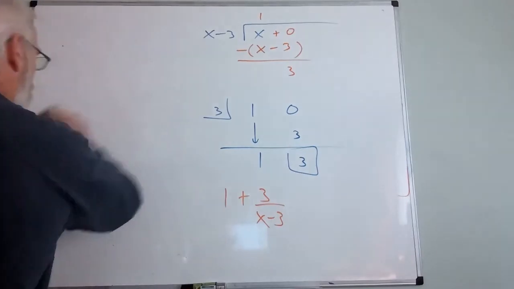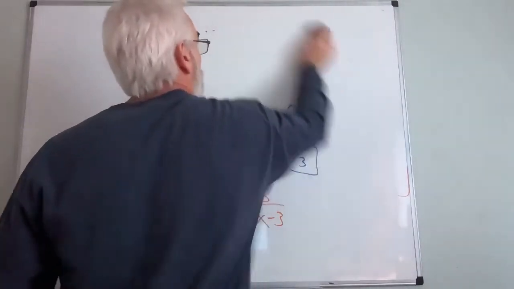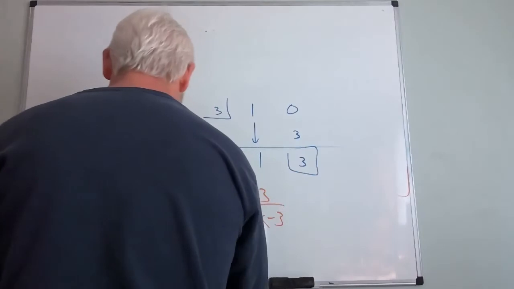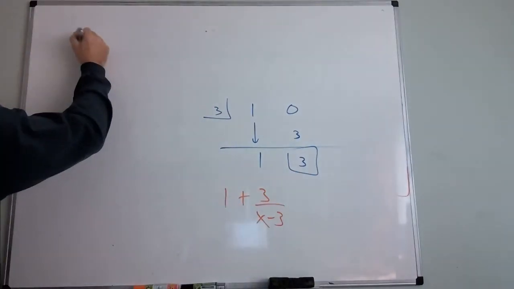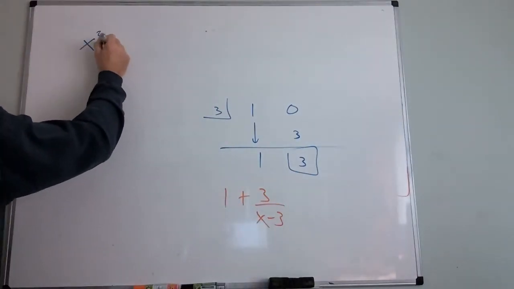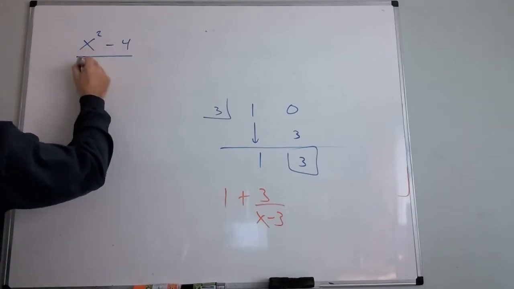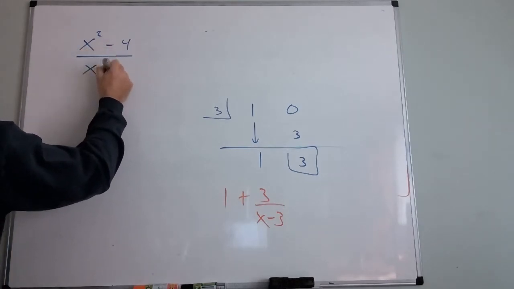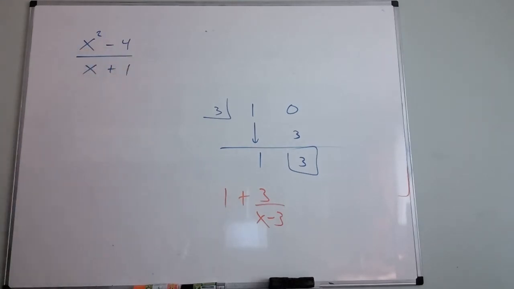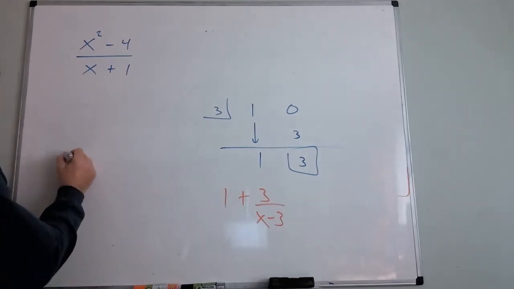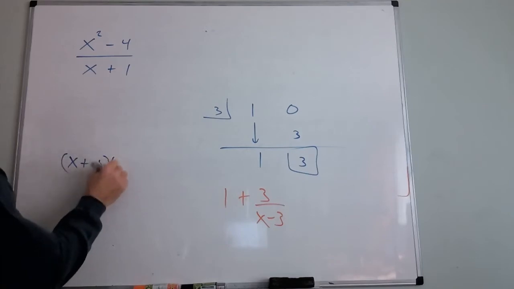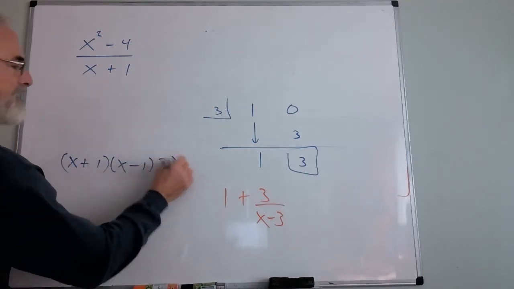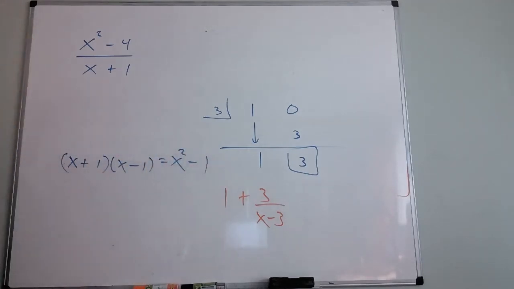So let me do something that's slightly more complicated, okay? What if I had something like this? I've got x squared minus 4 over, let's say, x plus 1. Well, clearly long or synthetic division would be perfect. But I know that x plus 1 times x minus 1 equals x squared minus 1.